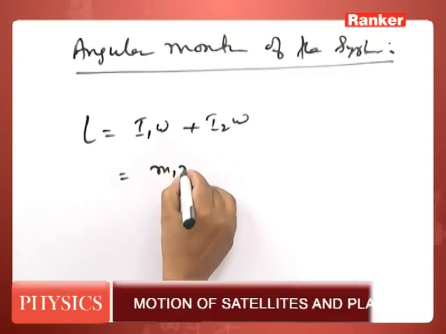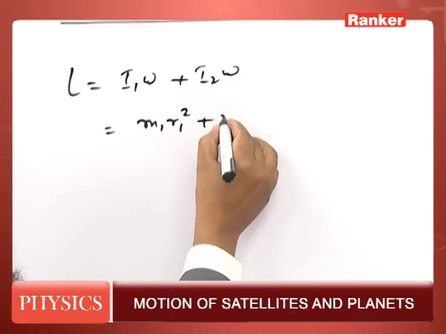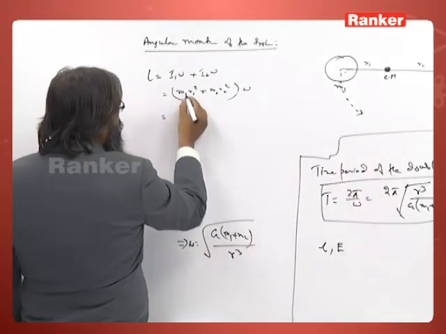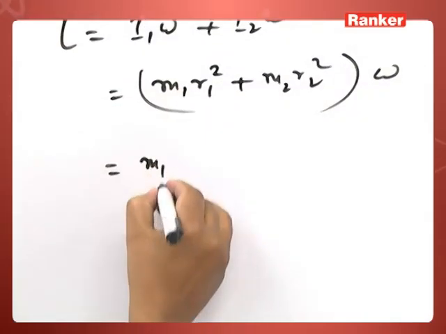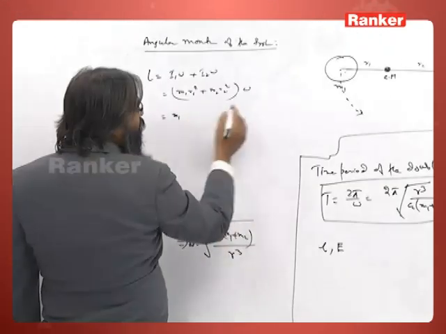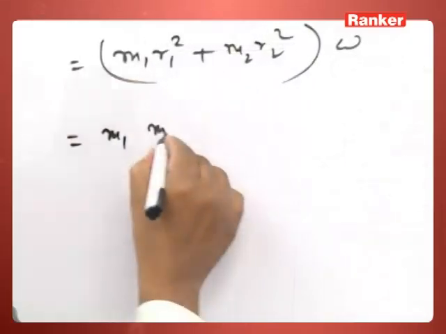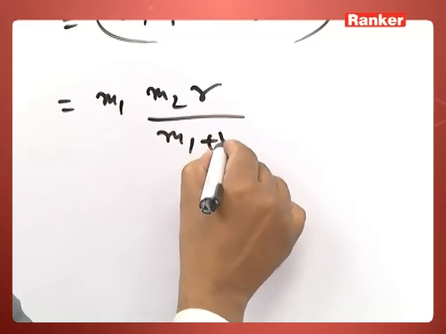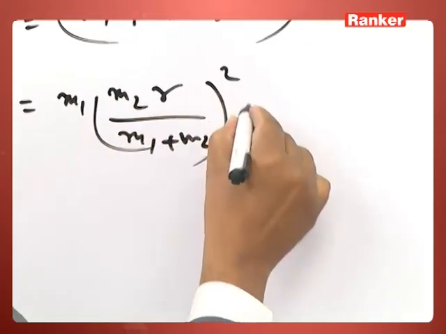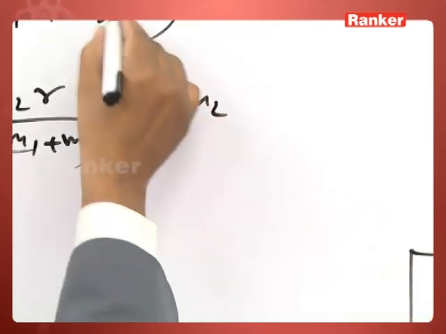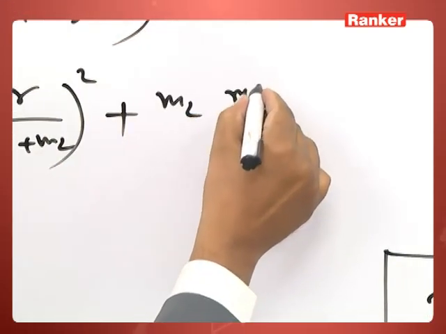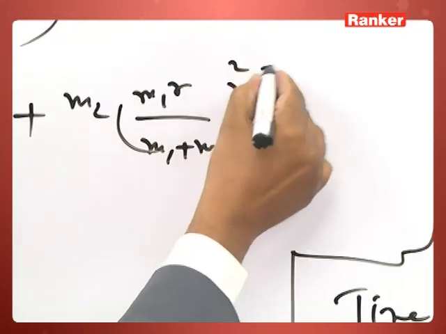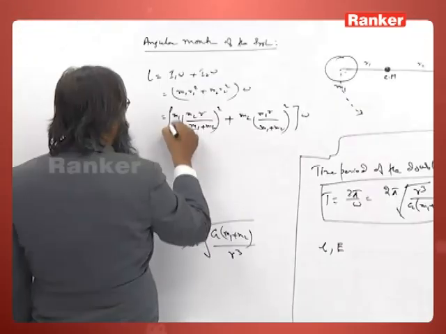I1 omega plus I2 omega means m1 r1 square plus m2 r2 square into omega. Now, recall r1 is m2 r by m1 plus m2, so this is squared, plus m2 times r2, which is m1 r by m1 plus m2 whole square, and this is omega.